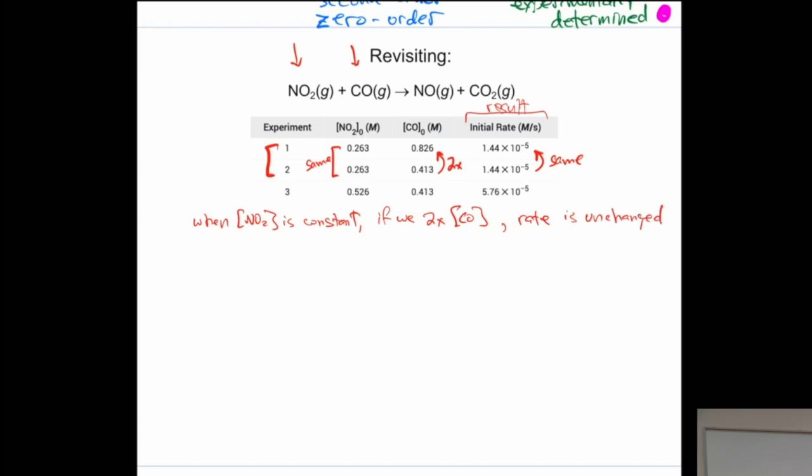That's what we learned from experiments 1 and 2. So if I were to now use this new rate law stuff, right? If we were to describe the order of the reaction just with respect to CO, we would say that the concentration of CO is raised to the 0. This is a 0 order with respect to carbon monoxide concentration.